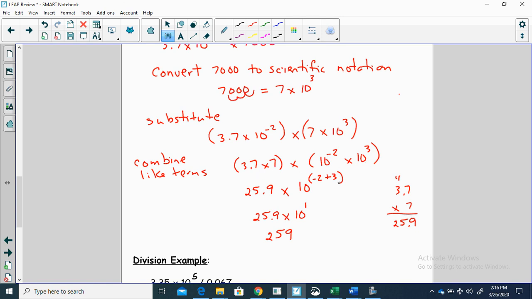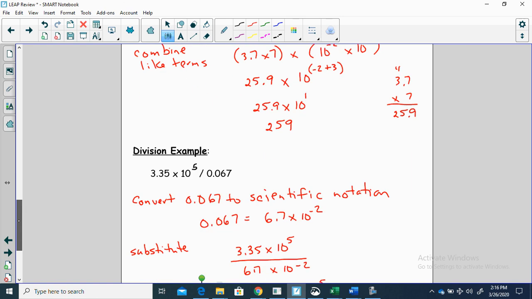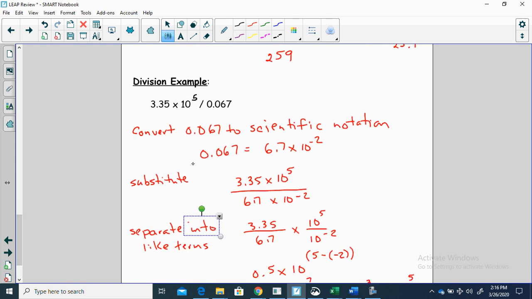If I multiply 3.7 times 7, I get 25.9. If I've got 10 to the negative 2 times 10 to the third, I've got 10 to the negative 2 plus 3. Add those together and you've got 10 to the first power. That's 25.9 times 10 to the first power. Move it 1 place, and that's 259. Your package would weigh 259 grams.